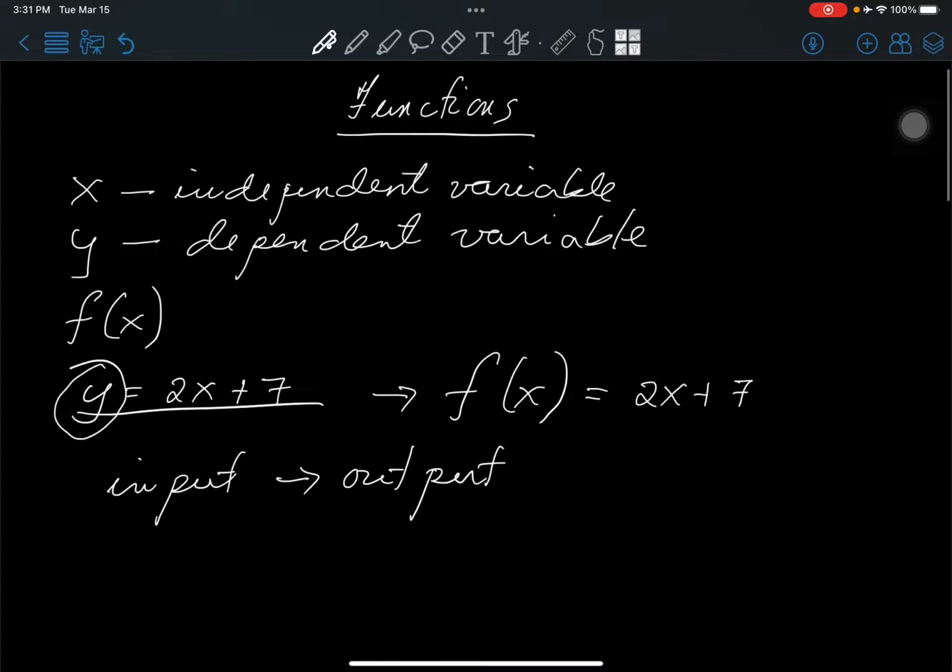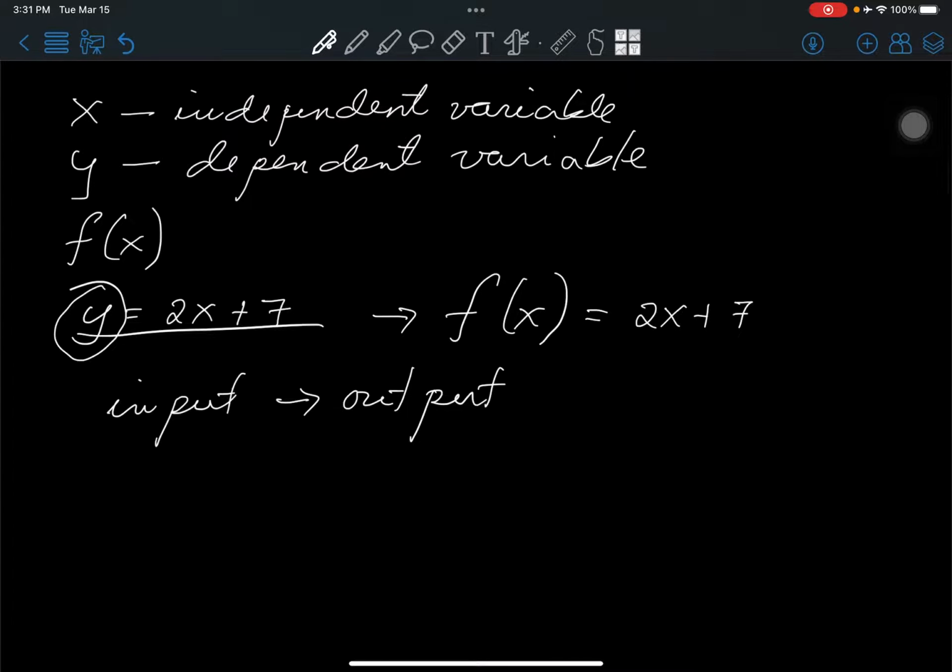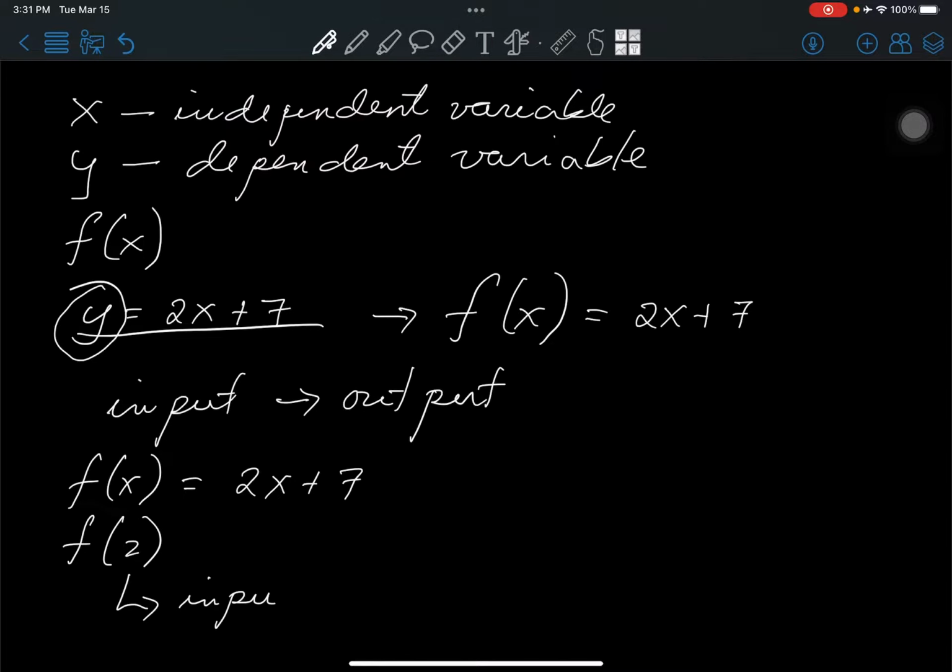For example, let's say using our given function here, we have f of x is equal to 2x plus 7. Now, let us assume that the value of x is 2. Your 2 here is known to be your input. We are going to replace your x from our main equation, substituting your x by 2.